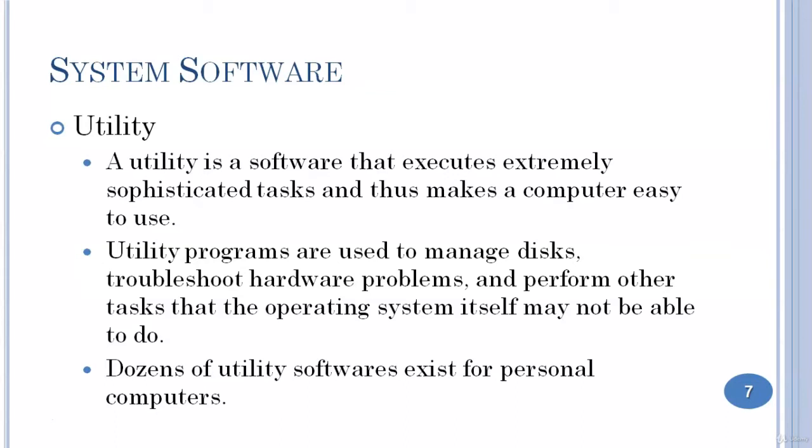Now, utility software or programs are used to manage the hard disks, and they are also used to troubleshoot various hardware problems and perform various other tasks that the operating system itself may not be able to do. Now, dozens of utility software exist for personal computers, and each of these performs some specialized tasks.